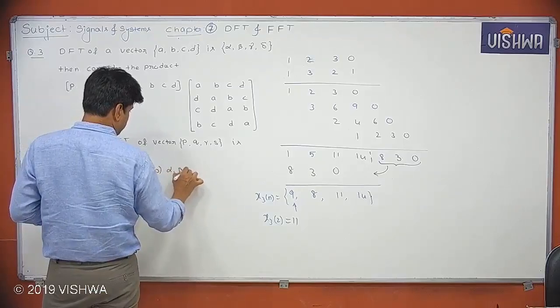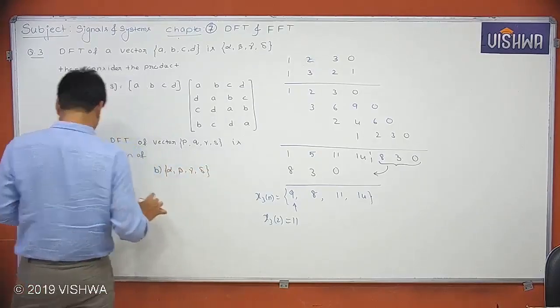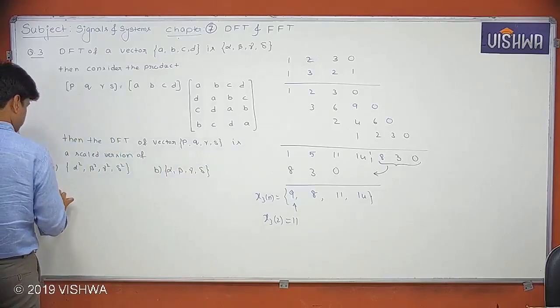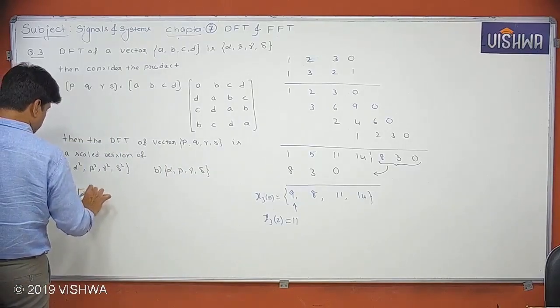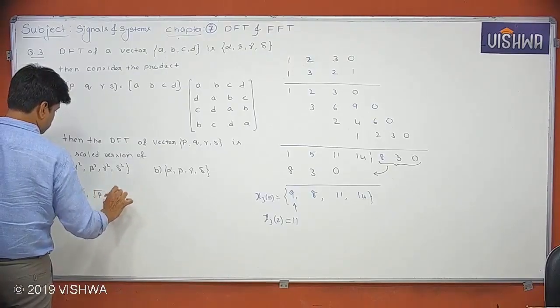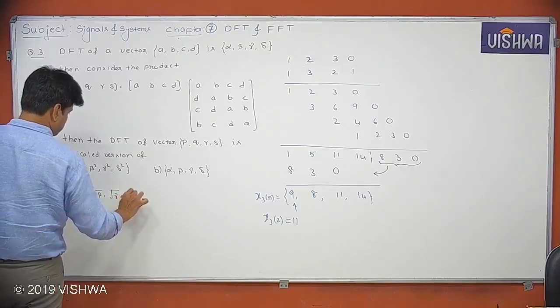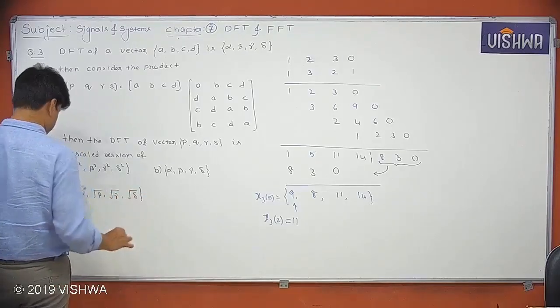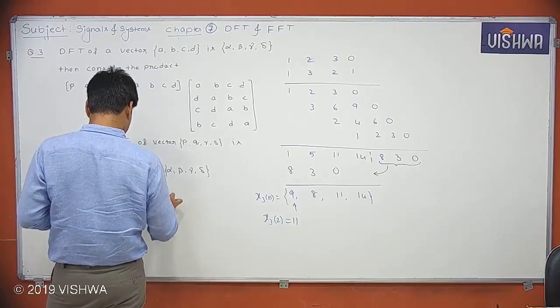Option B: alpha, beta, gamma, delta. Option C: root alpha, root beta, root gamma, root delta. Option D: none.